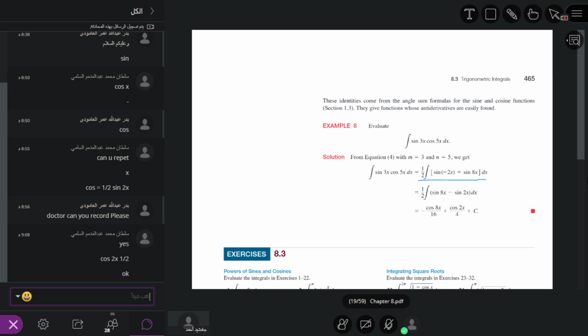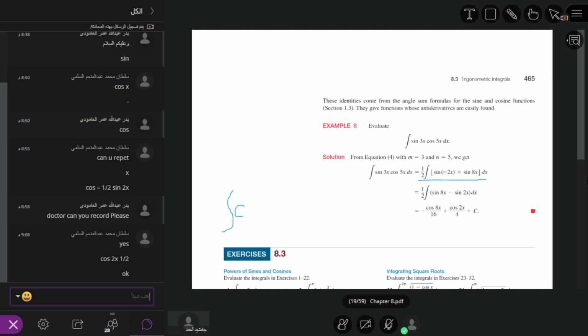Now we move to the exercise. In the exercise we first solve question number 3. What is question number 3? It is cosine power 3x sine x. So how can we solve this? First you have to split one cosine x and put it at the end.